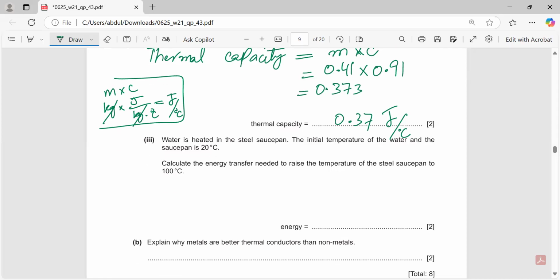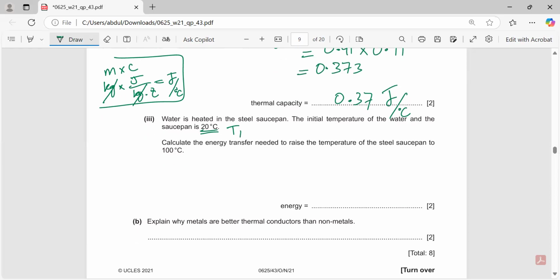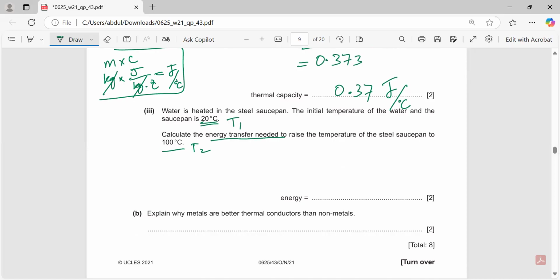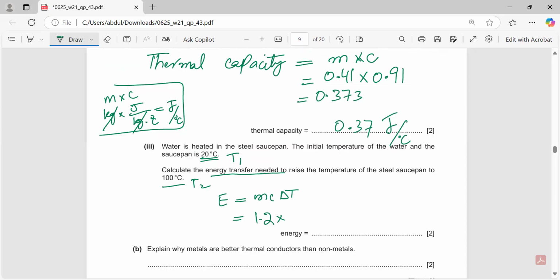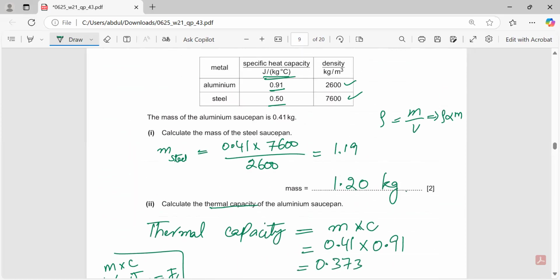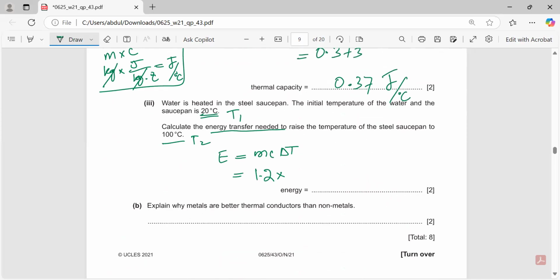Water is heated in the saucepan. The initial temperature of the water and the saucepan is 20 degrees Celsius. Let it be T1. Calculate the energy transfer needed to raise the temperature of the steel saucepan to 100 degrees Celsius. That is T2. This is very simple. E is equal to MC delta T. Mass of the steel is 1.2, specific heat capacity for steel is 0.50, and change in temperature is 100 minus 20.